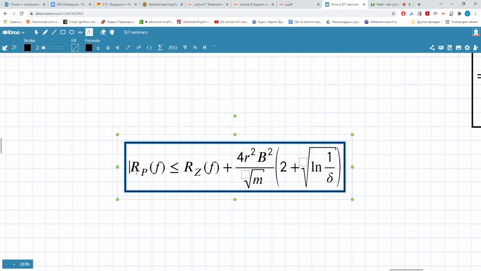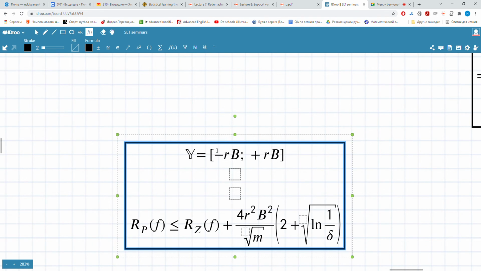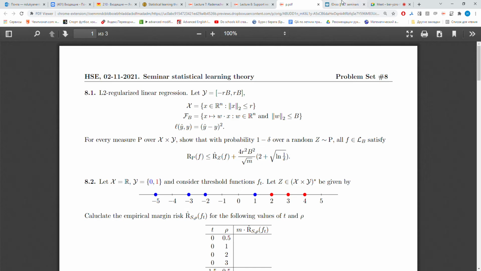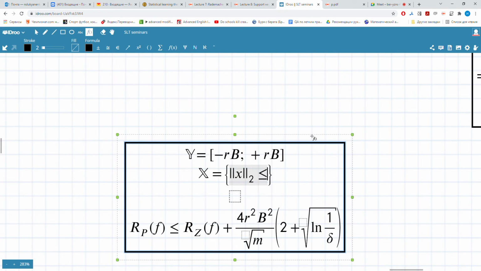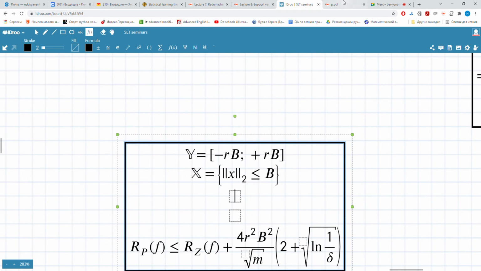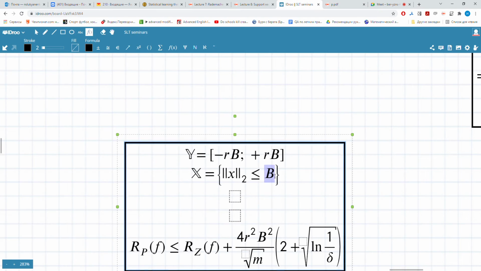Look, what bounds do we have? We know that the space Y is the segment from minus B to plus B. We know that the norm of x is bounded by B. We know that the norm of w is bounded by R, sorry.